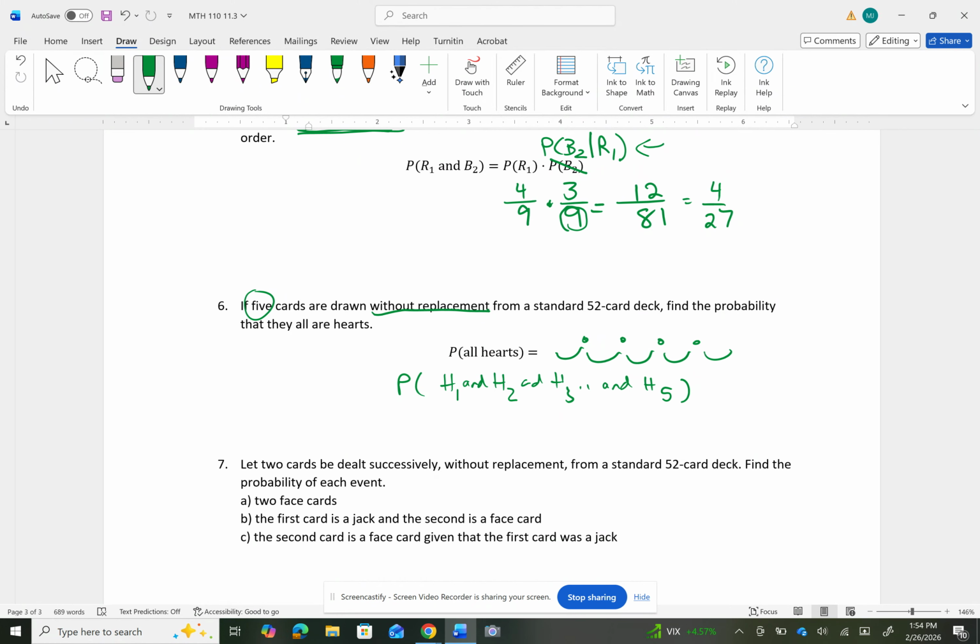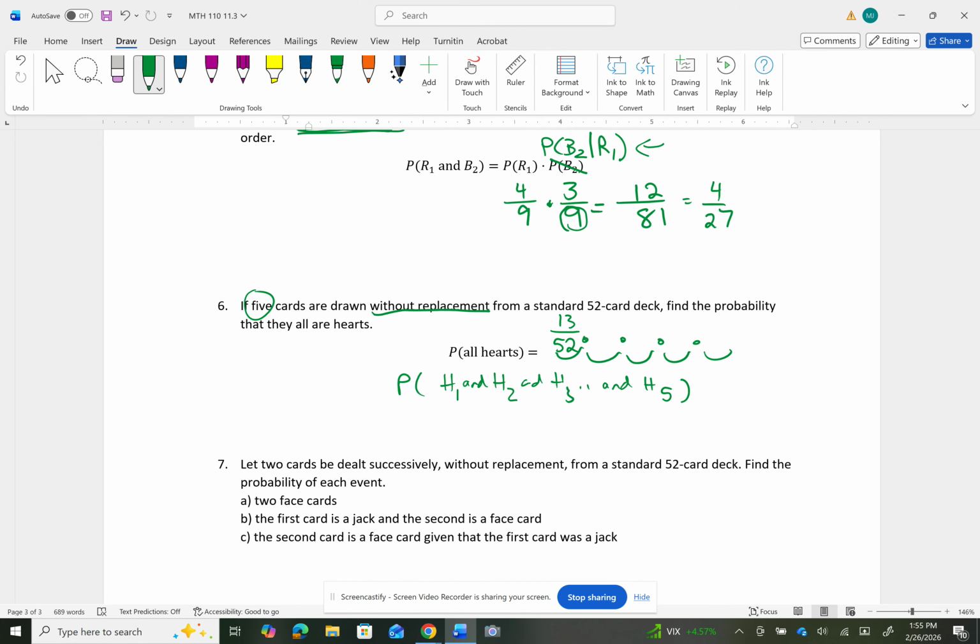I'm looking at how there's 13 hearts out of 52 in those 52 cards. Now I've got to think about what happened to that first card, because I drew it. I'm reaching in and drawing a card, and I want the probability that it's going to be a heart. Well, there's a 13 out of 52 chance that it's going to be a heart.